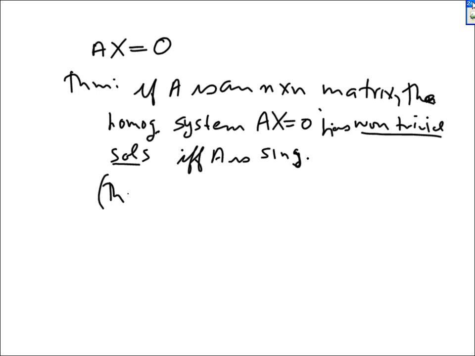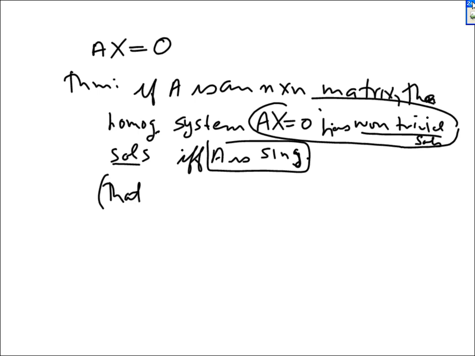Well, let's just say what that means. It says this has non-trivial solutions if and only if this is true. Now, here's some logic. If A if and only if B, you can negate both of these.